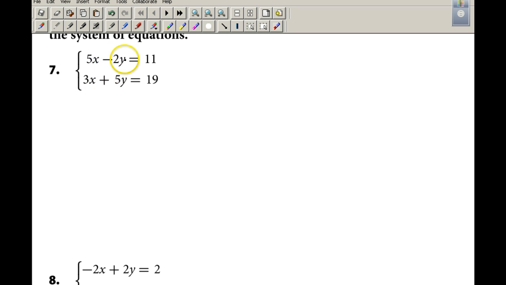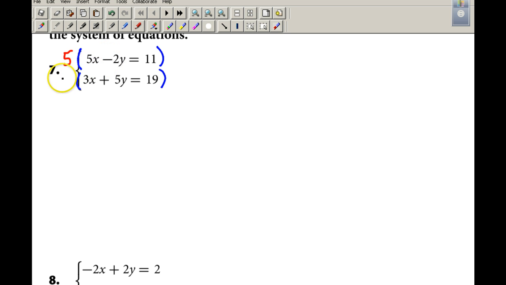Y. Okay, we're going to cancel out the y's. What's the LCM of 2 and 5? 10. So I need to get a positive 10 and a negative 10. Okay. So what do I have to multiply by on the top? 5. That'll give me a negative 10.